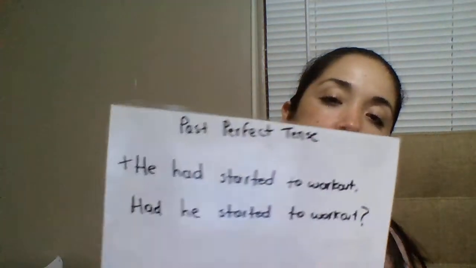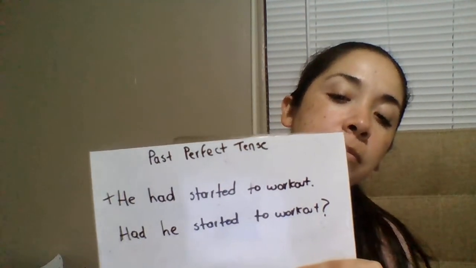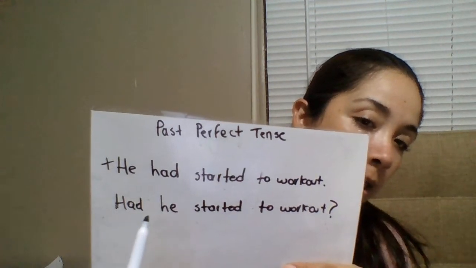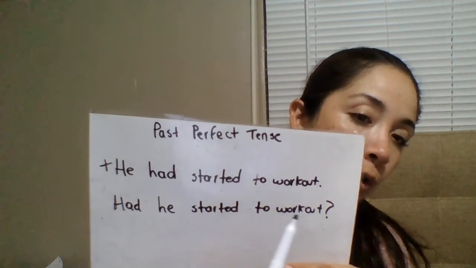What is the subject? He. Had he. What is the verb? Had he started to work out? Had he started to work out?